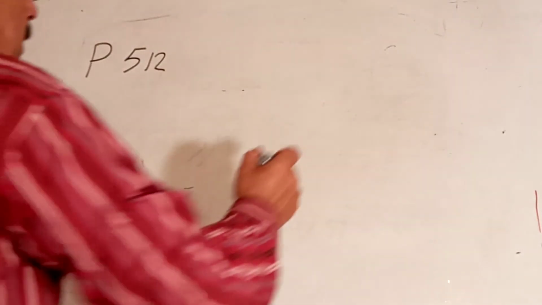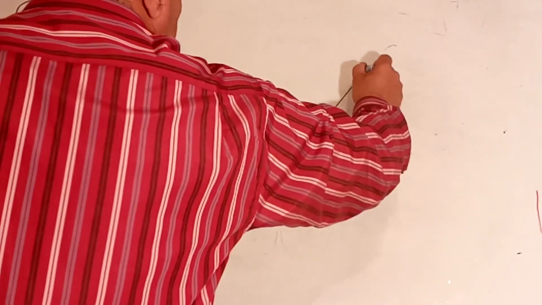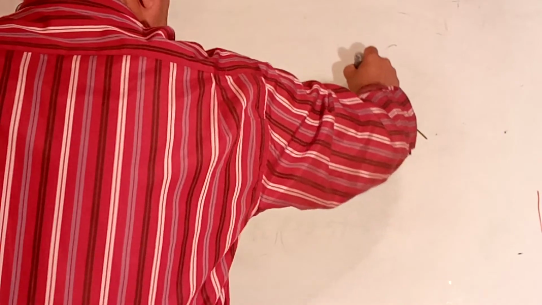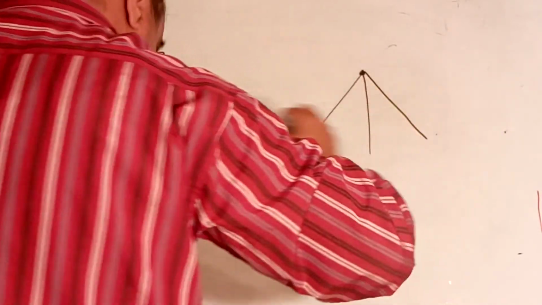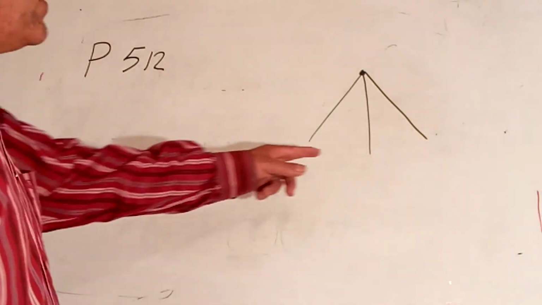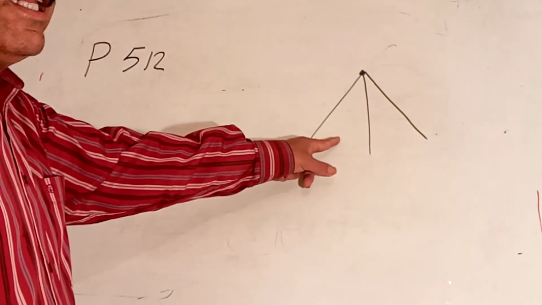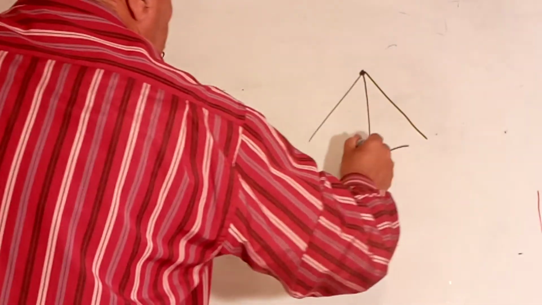It's got a base. The base could be triangle, it could be rectangular, it could be square. But the sides are triangles, and they meet in one vertex. From the base it could be like that.